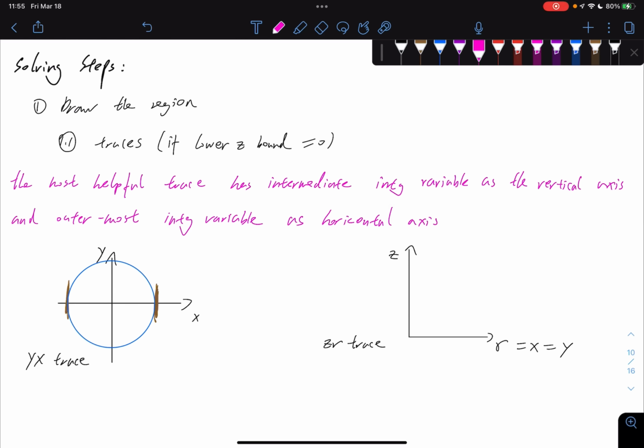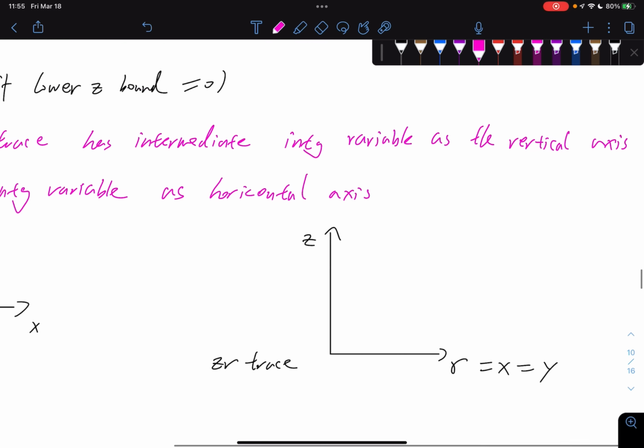With this introduction, I think you can agree that this is just the rho. If I draw a radial line out, this is the radial line in spherical coordinates, and the angle from the positive z-axis to the radial line is just our phi angle.